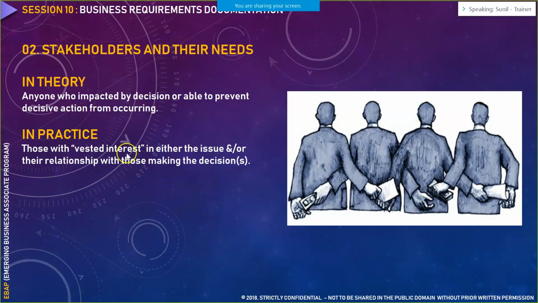Those are the vested interest investors. They are not concerned about what the deliverable is, what track the project is going through, what challenges they are facing, or what roadblocks they are facing. They would only be concerned about their invested amount. Ultimately, their goal is to get the benefit out of the investment. That is called vested interest.